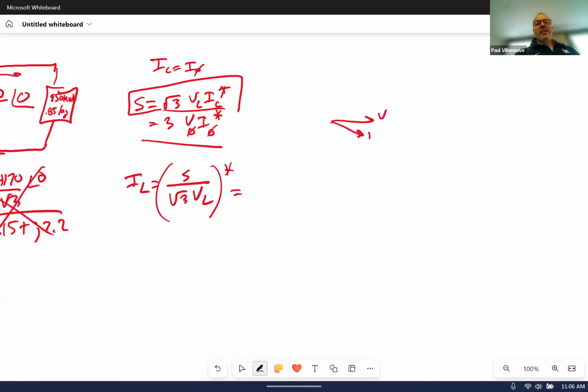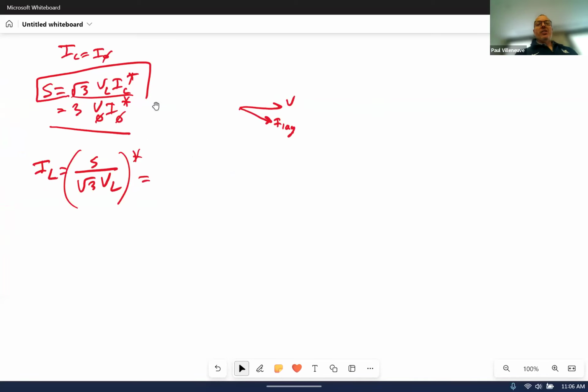My current is lagging down over here. So when I do this as the power triangle, here's my P, my Q is here. So this angle is positive. I have a positive angle there. So my way to go ahead and calculate what S is just to put 950K. And the angle is the positive inverse cosine of 0.85.